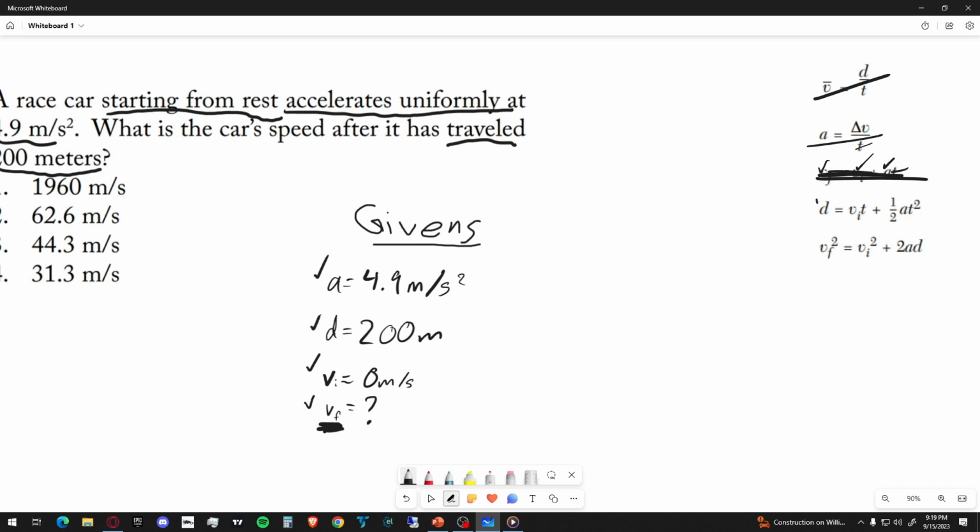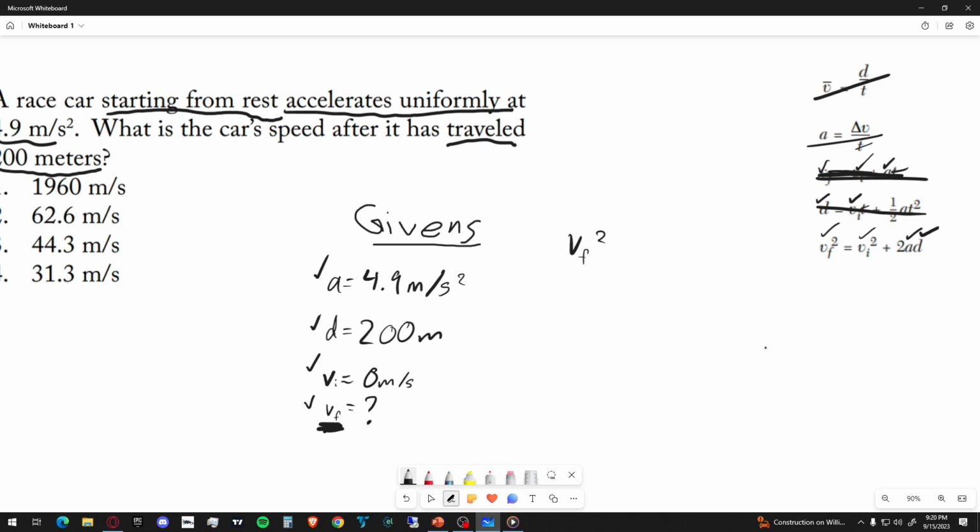Here we have displacement, initial velocity, time once again. We're not going to use that. Our last kinematic equation has final velocity, initial velocity, acceleration, and displacement. Excellent. So that means we can use this equation.